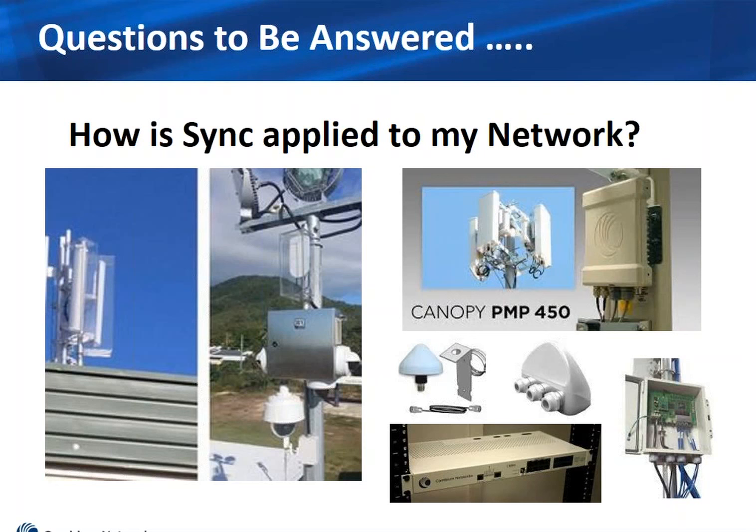More often we'll use a dedicated GPS that is mounted somewhere with clear visibility of the sky, that provides the sync pulse up to all those various radios via a sync cable, or it can also be embedded right on the power over Ethernet and data cable, so that you only need a single cable going up to the tower, up to these radios, and that is providing that synchronization all throughout the network.